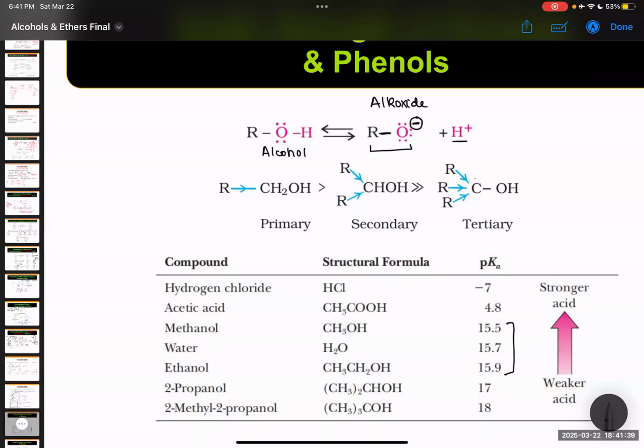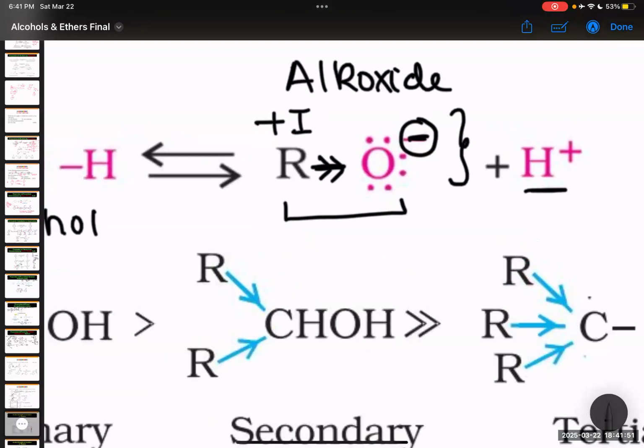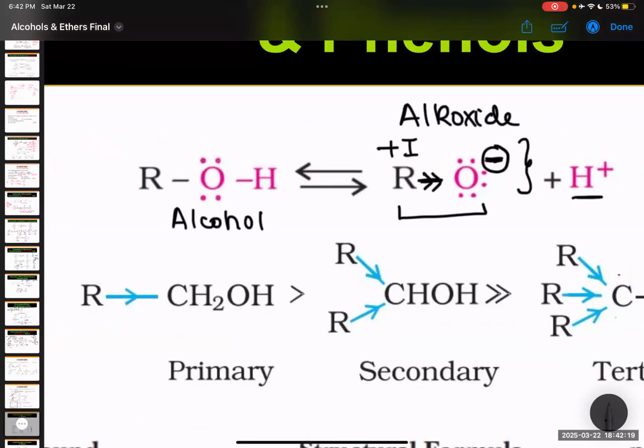And this is an alkyl group, which will exert plus I effect, which makes this alkoxide ion unstable. Alkyl group is electron donating, and O minus already has a negative charge. This R is pushing more and more electrons toward the oxygen. It is becoming more and more negative, and not going towards stability. So it is becoming unstable, and it will reduce the acidic strength of alcohol, because if it is unstable, then why will our alcohol get ionized?